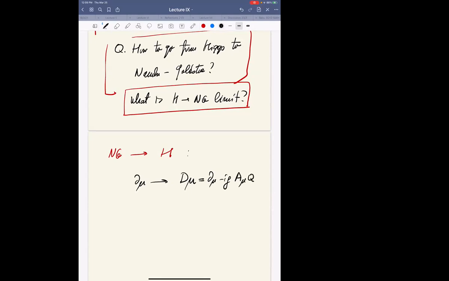So what is the limit of Nambu-Goldstone from H? Well, it's obvious. I can't take Q equal to 0. What does it mean? The guy carries charge. And it doesn't make sense that I take A mu to 0. Okay, I want to be able to do the calculation. Obviously, the answer is G equal to 0.